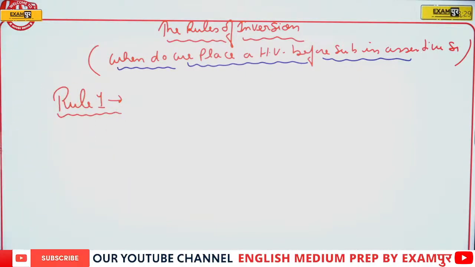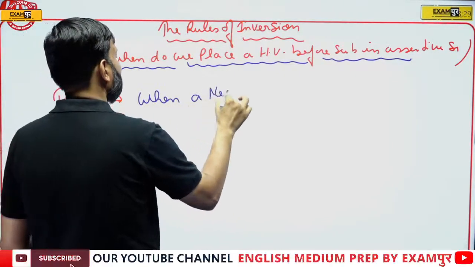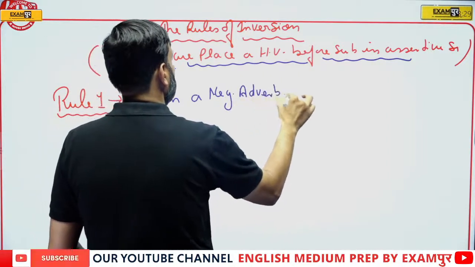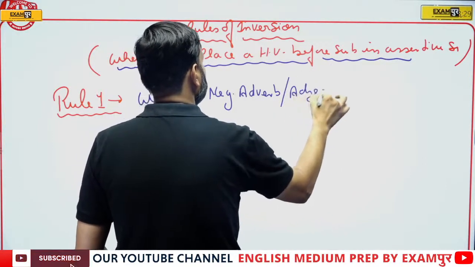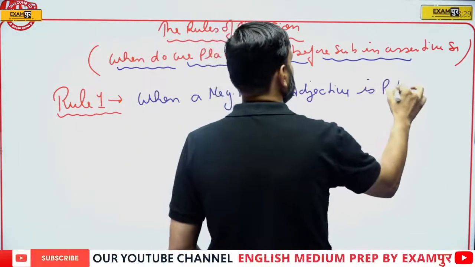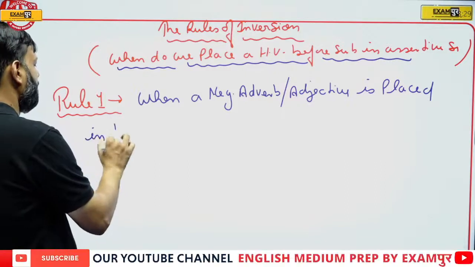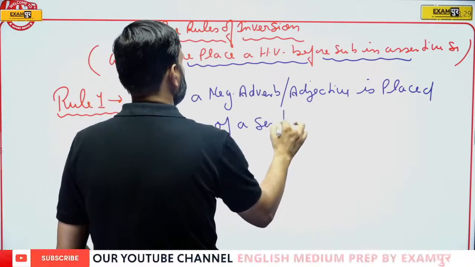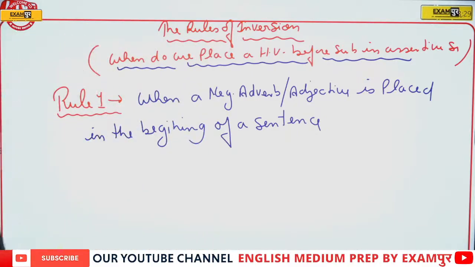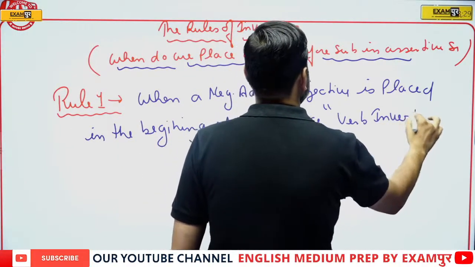What is rule number 1? When a negative adverb or adjective is placed in the beginning of a sentence, the verb inverts.